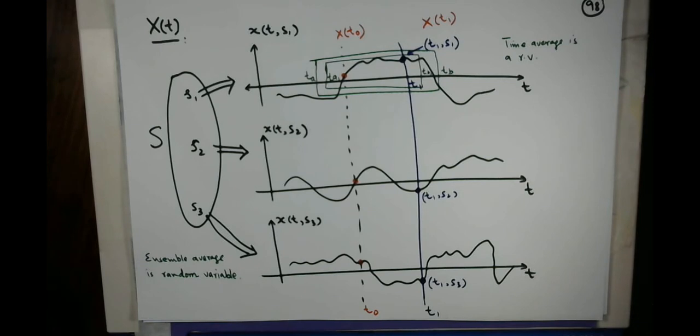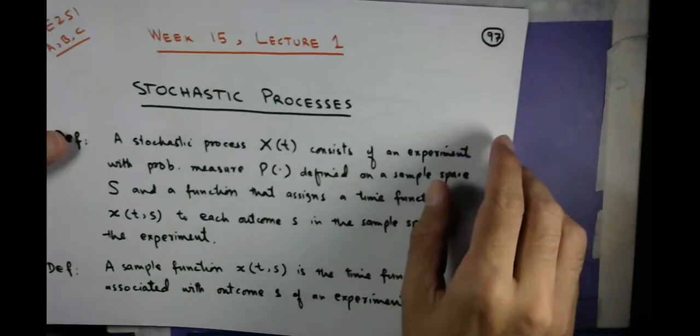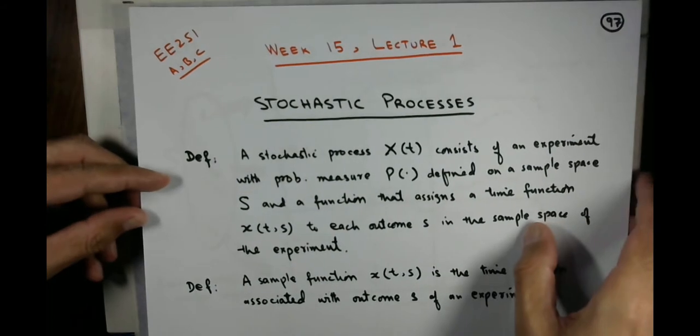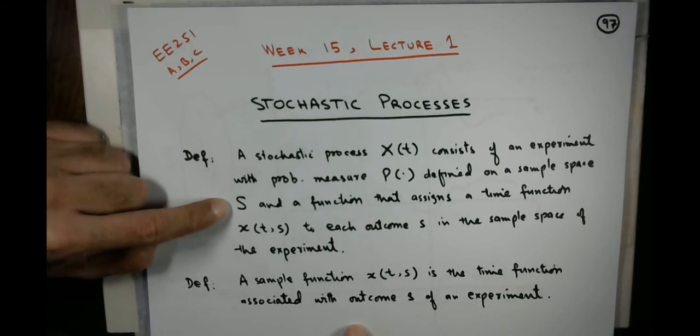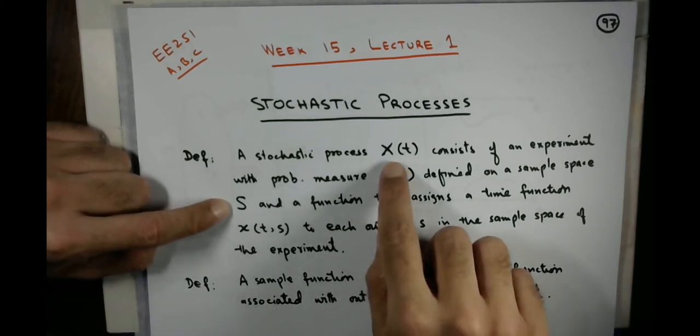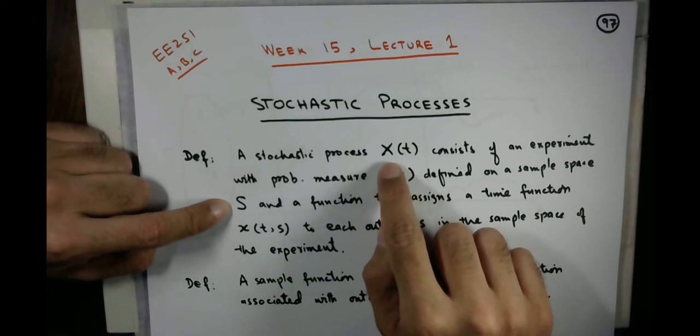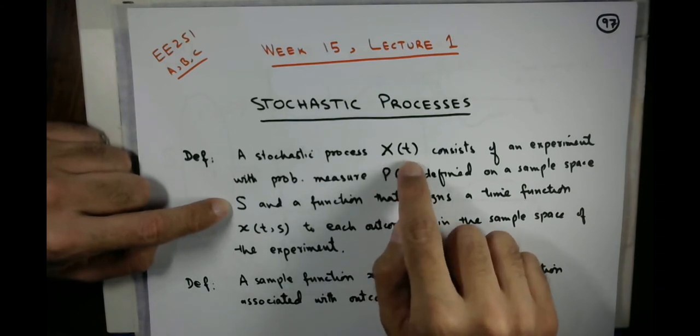I'll go back to my first slide and give you a quick revision of this, because this is important to understand. A stochastic process basically associates time waveforms or time functions with the outcomes of a random experiment. So the outcomes are all listed in the sample space of the experiment. The process is given a capital notation. T is always there because it's a stochastic process.